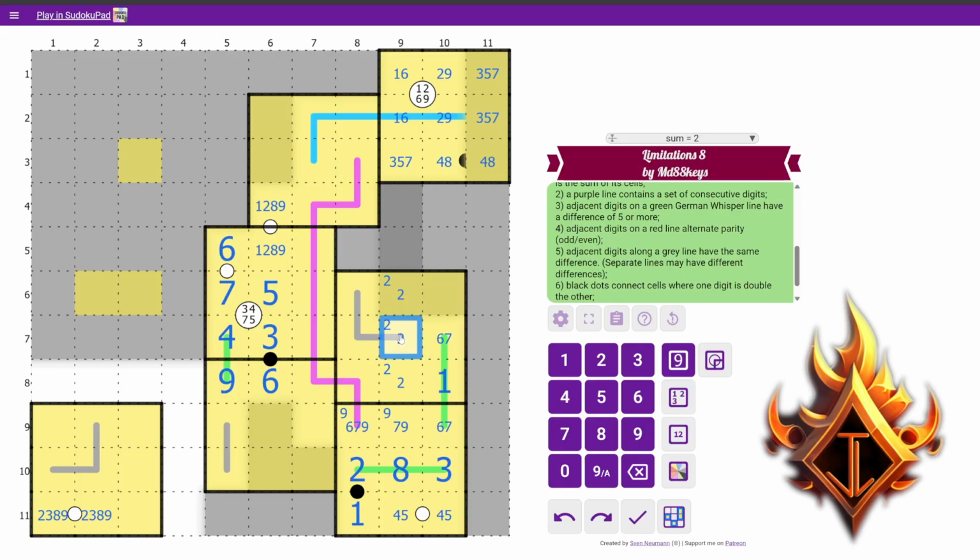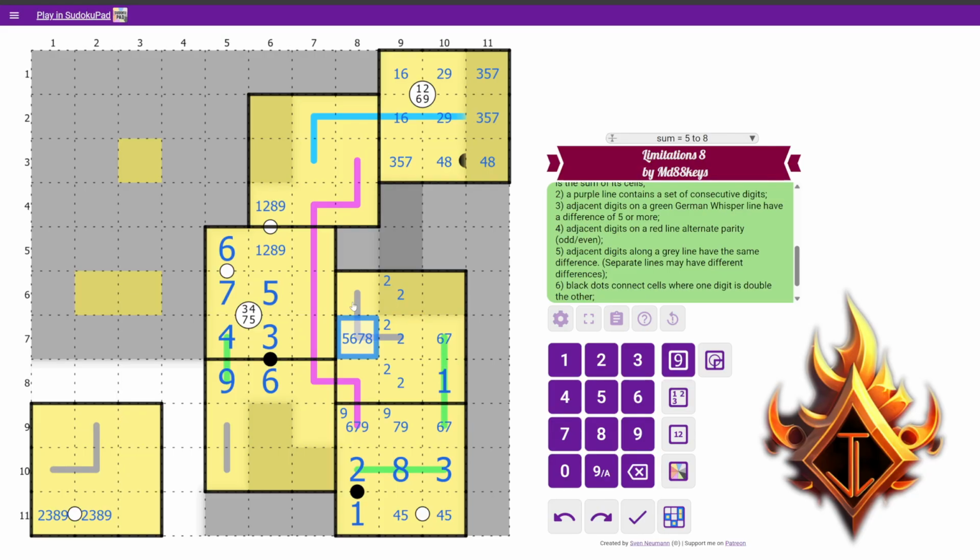If this is a 2, alright, what can this be? This is a 5, 6, 7, 8, 9. Any high number, okay. Oh, this can never be a 9. Because a number would be going up to 9, and then it would have to go back down from 9 by the same difference.